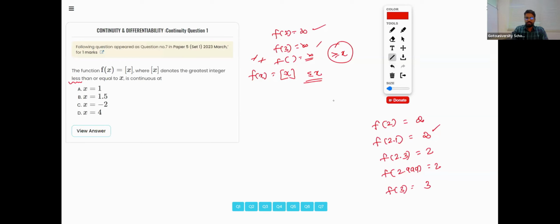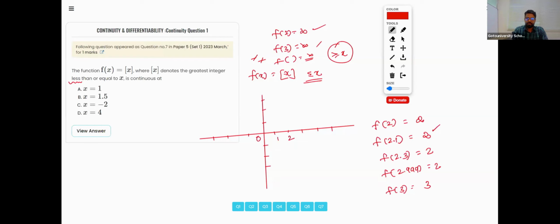So let me plot the graph of this quickly. Do we have a point of discontinuity? Yes, we have a point of discontinuity for this curve, definitely, because your graph is going to be shifting, right? So this is 0.